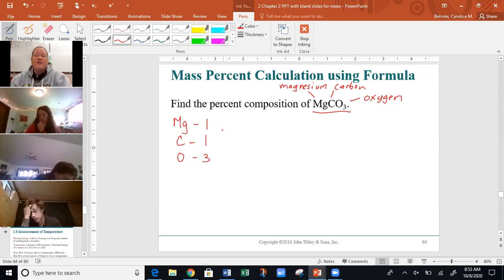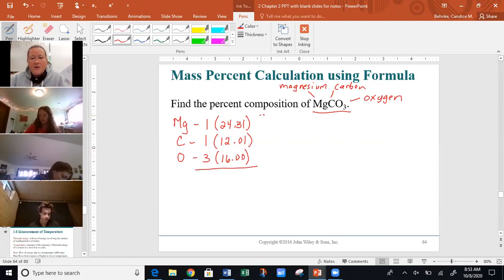Now what I need to do is use periodic table mass data to get a total mass for this compound. The mass of magnesium is 24.31. The mass for carbon is 12.01. And the mass for oxygen is 16.00.